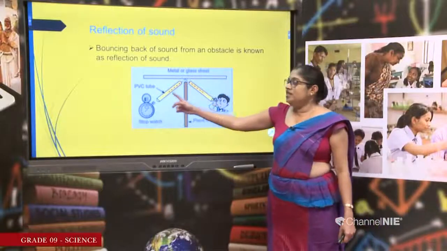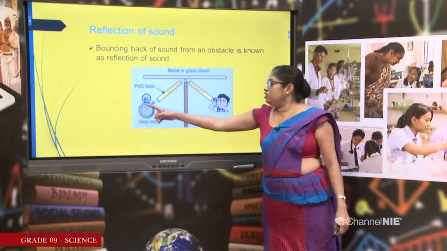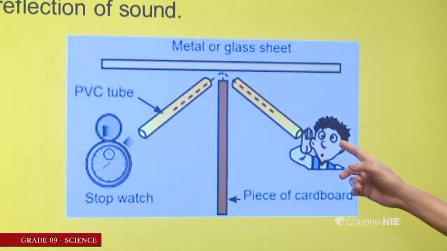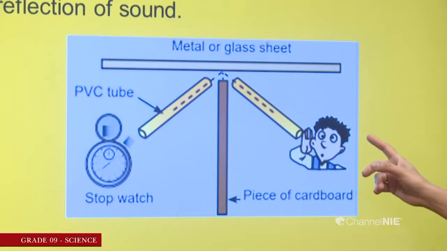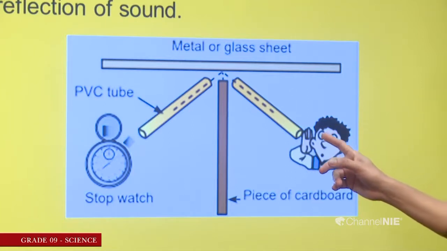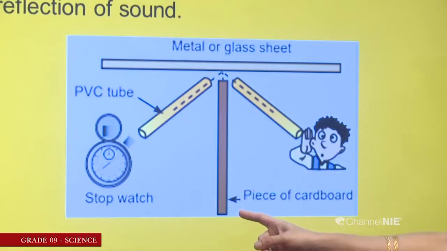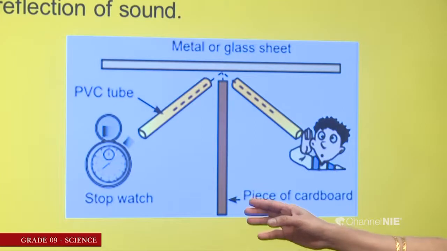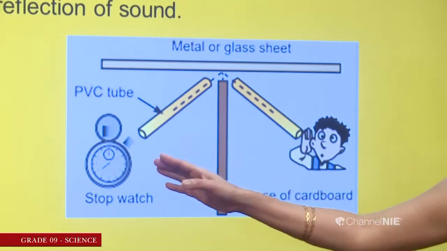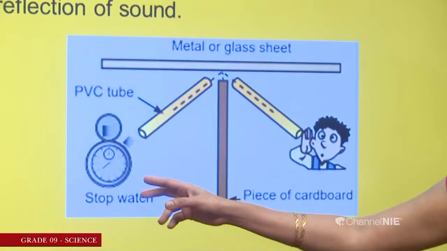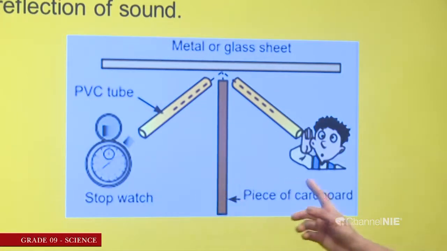At the end of this hollow tube, a stopwatch is kept which gives a tick sound, and at the end of the other hollow tube, the listener keeps his ear. In between these two hollow tubes, a piece of cardboard is kept. That is in order to prevent the sound of the tick from this watch from reaching the listener directly.